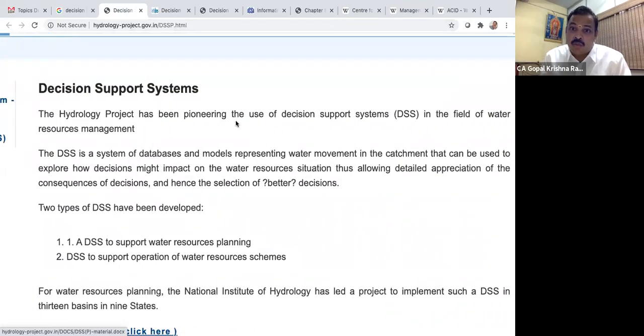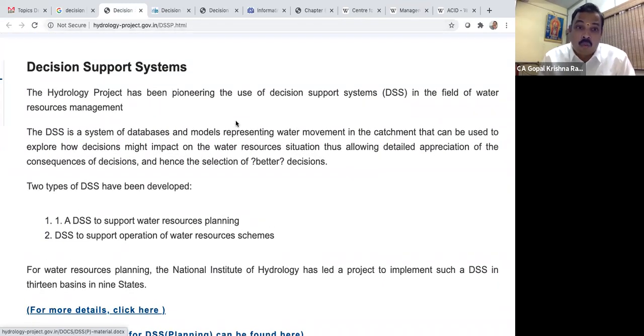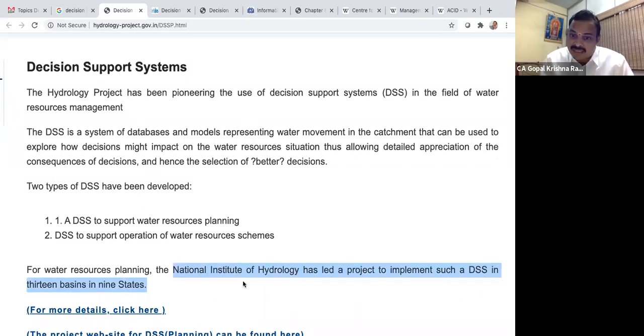It has been pioneering the use of decision support systems in the field of water resource management. And the National Institute of Hydrology has led a project to implement such a DSS in 13 basins in 9 states. Now, what is this? You have a river. The river will not go the way we want it. It will go in different directions. You will have agricultural lands.